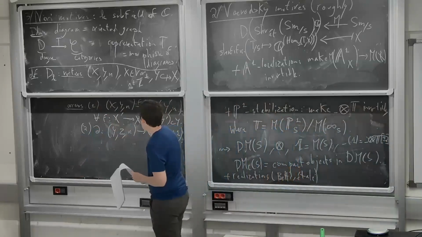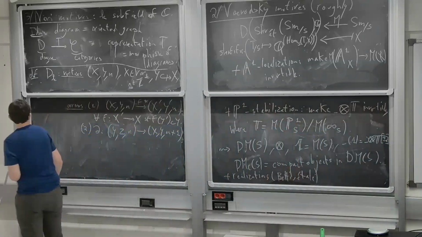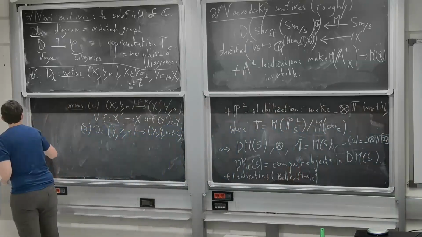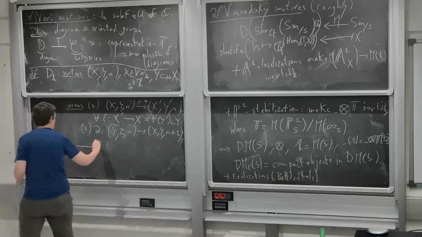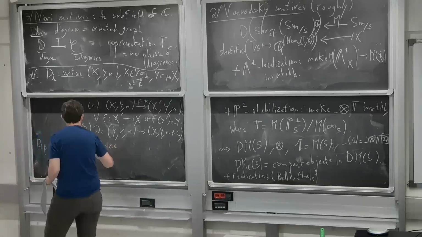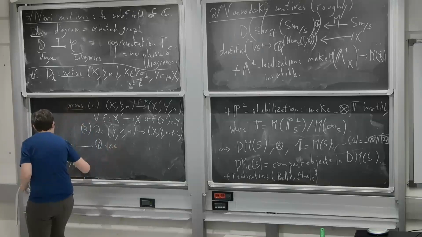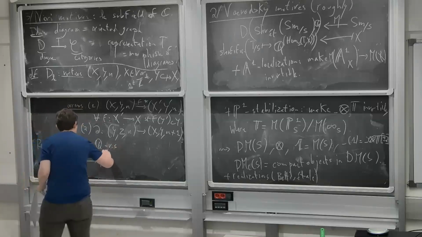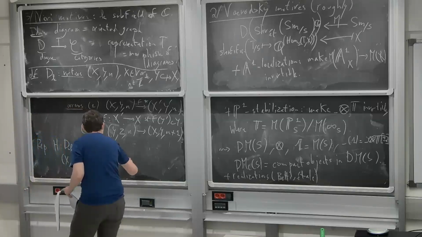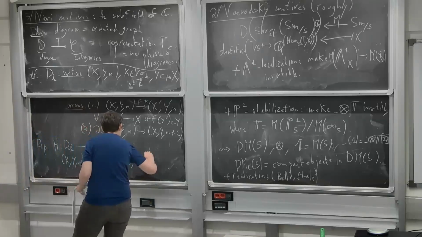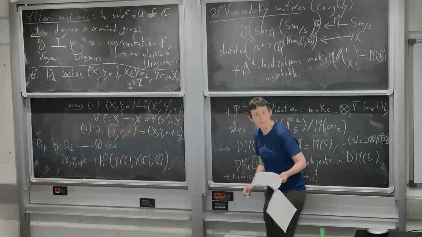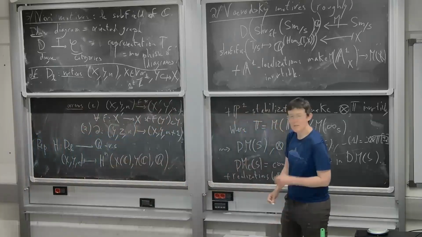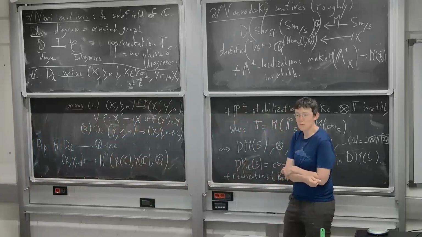And then you have a representation from D_K to vector spaces. It sends (X, Y, n) to the relative cohomology H^n(X, Y). I'm going to take coefficients in Q to make my life simpler. And what does it do on the arrows?